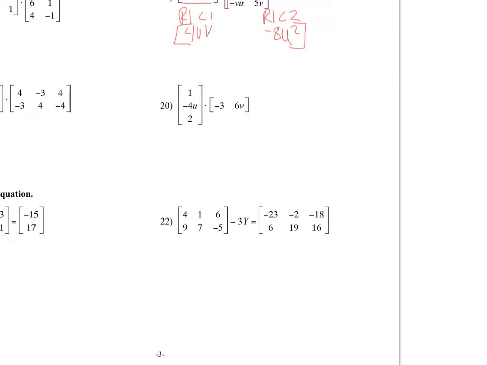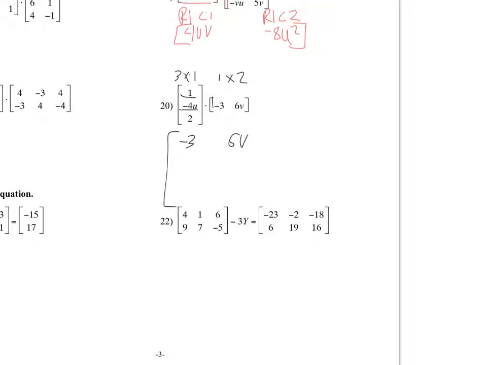Similarly, if I do number 20, I can check this is a 3 by 1 and this is a 1 by 2. Those match up because I have 1 row, 1 column. So if I do row 1, column 1, that's 1 times negative 3, which is negative 3. Row 1, column 2 is going to be 6v.